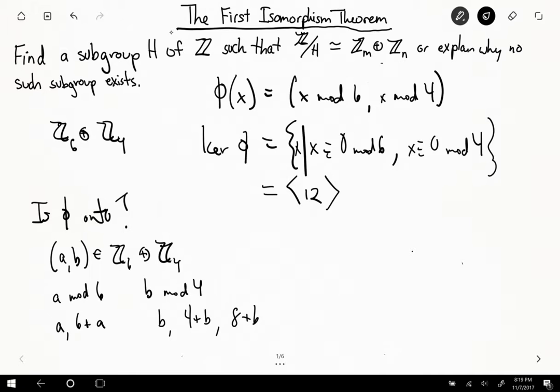So now, if A equals 1 and B equals, let's say 3, notice in that case you'd have x equals 7. Because when you do 7 mod 6, you get 1, and when you do 7 mod 4, you get 3.